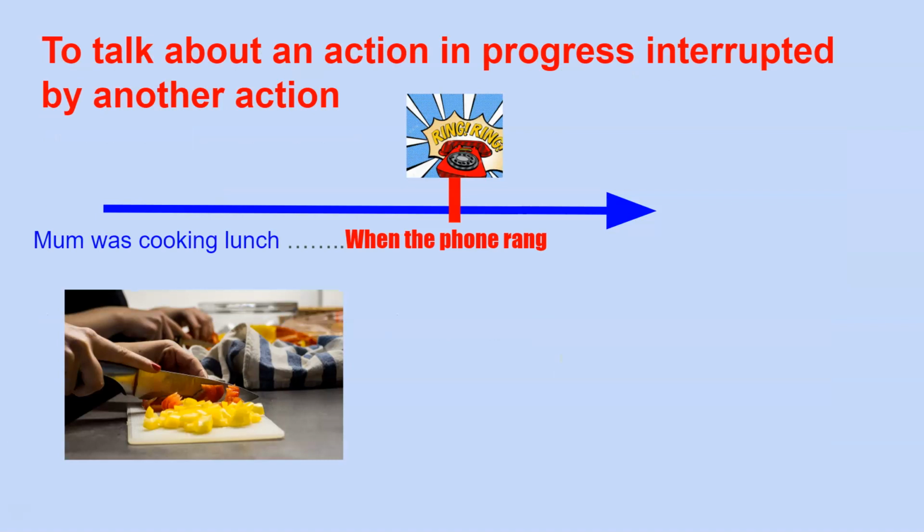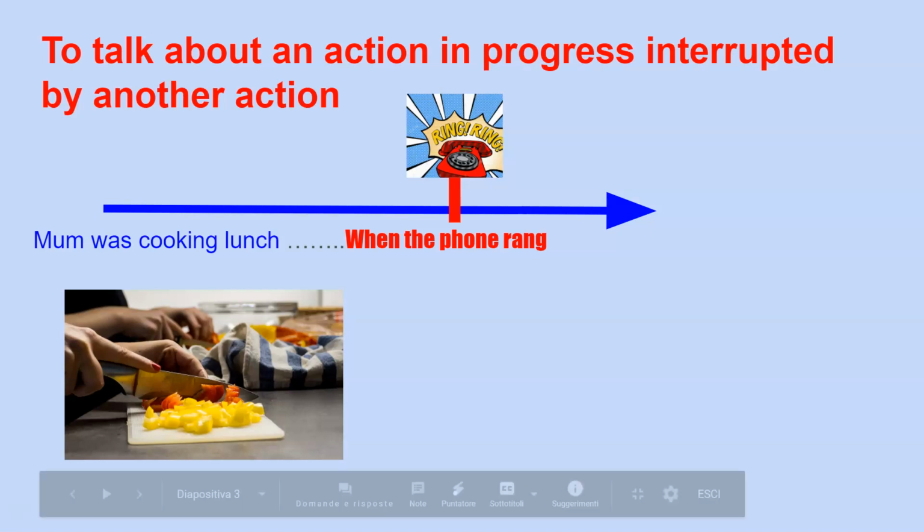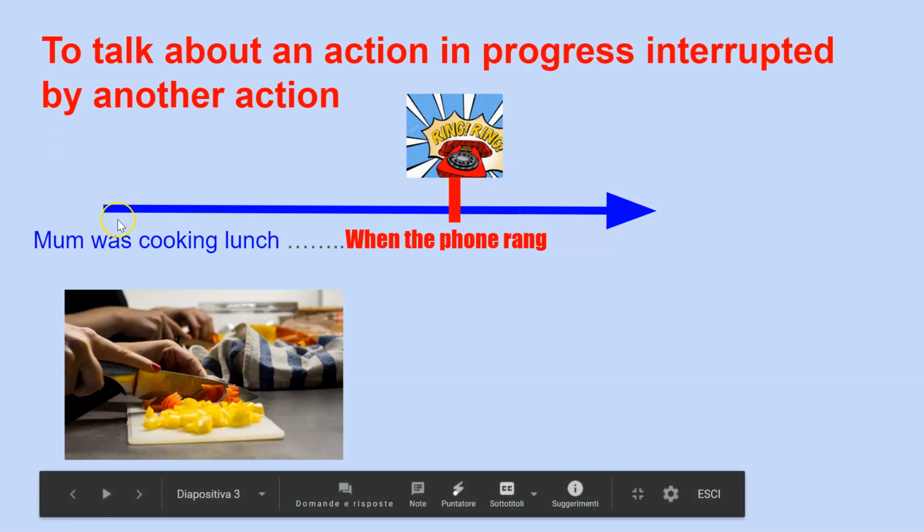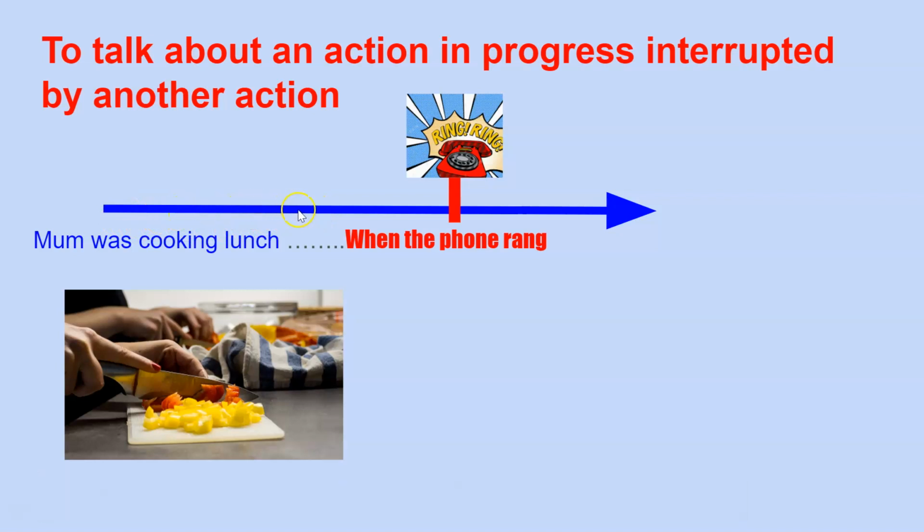Another situation is when we talk about an action in progress which is interrupted by another action. For example, you see here that Mom was cooking lunch, and this is the action in progress. You see it's a very long action. When the phone rang, okay?